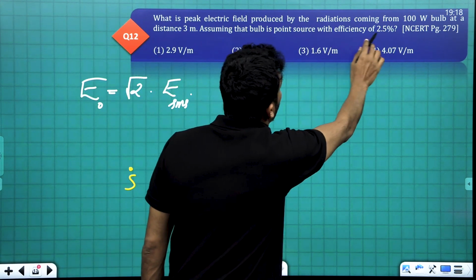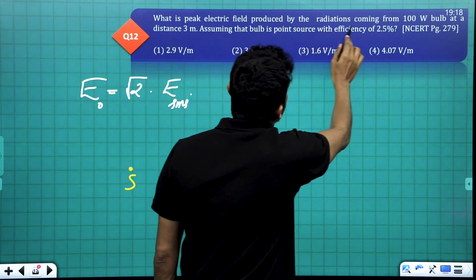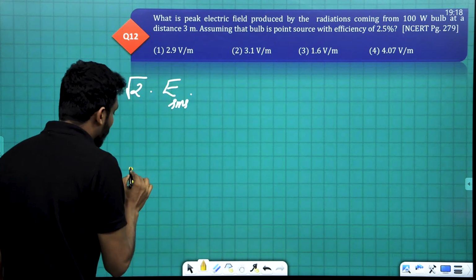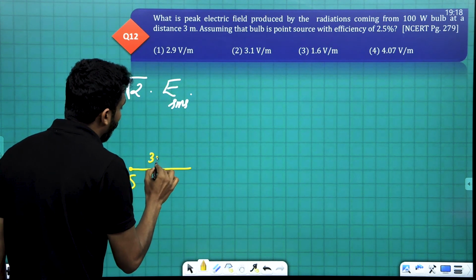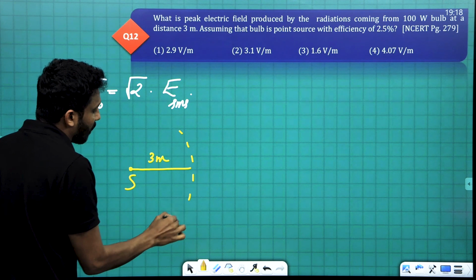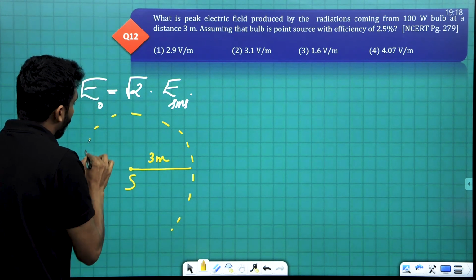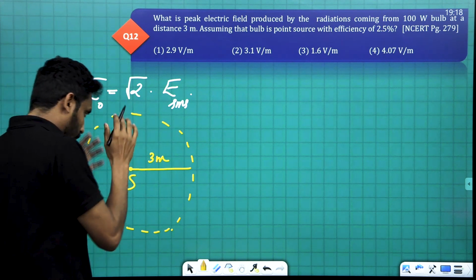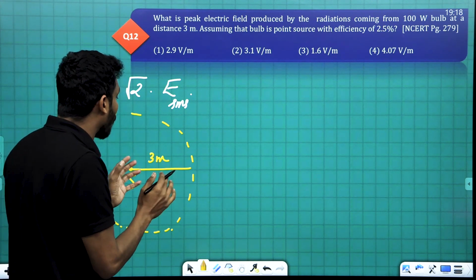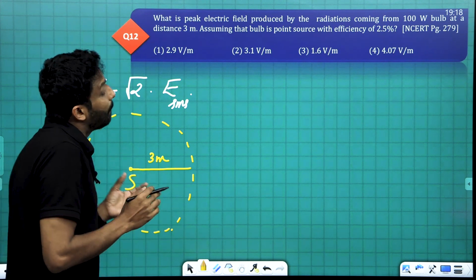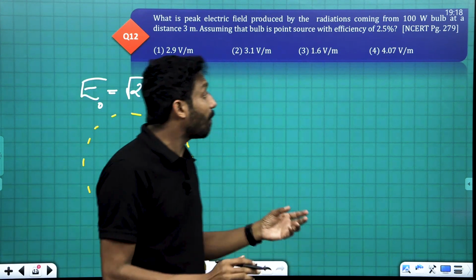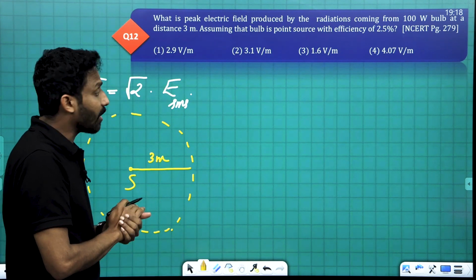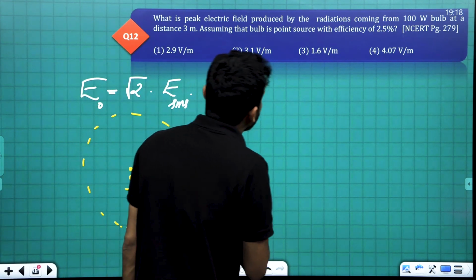The question is the electric field produced by the radiation from this bulb at a distance of 3 meter. Imagine a spherical surface at that distance. How much power is reaching this spherical surface? 2.5% of the power produced by the bulb. That much power is reaching here.